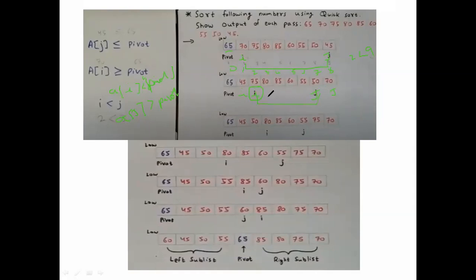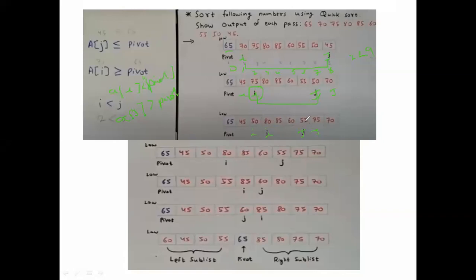After swapping, the i value is here only and the j value is also here only, but the content has changed. Now check the condition. i value less than pivot, increment i. Now i moves here, which is greater than pivot, so stop. Then j is greater than pivot, decrement j.